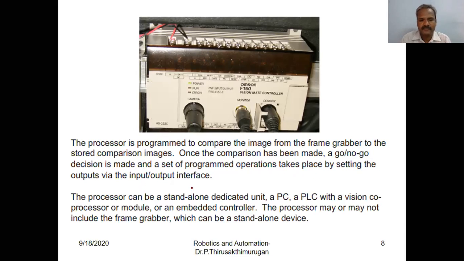The processor can be a standalone dedicated unit, or a PC, or a PLC, or a SCADA with a vision coprocessor interface module, or maybe an embedded controller. The processor may or may not include the frame grabber, which is also separately available and can be a standalone device.